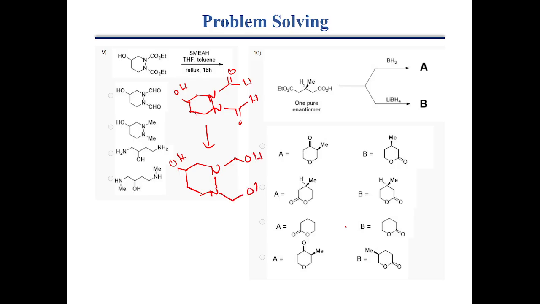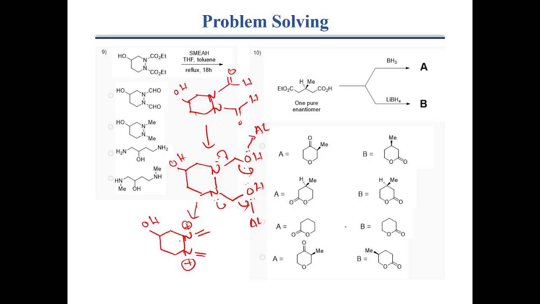Now nitrogen has a lone pair and oxygen has a lone pair. Oxygen is coordinated with the aluminum, as aluminum is an electropositive metal and oxygen is electronegative. So this will go and leave this alcohol due to aluminum oxide formation. This will form this iminium ion.